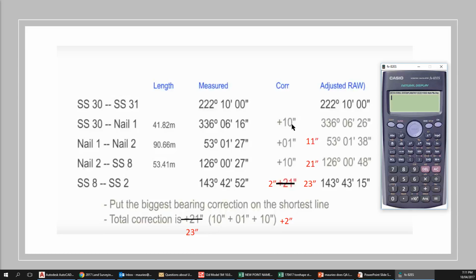Say we put a 10-second change on this line here, and 10 seconds on that line there. What effect will that have?